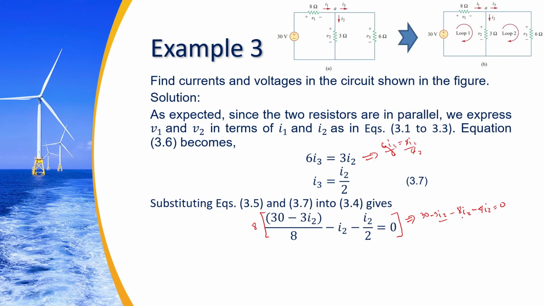So, pagsamahin natin lahat ng magkakaparehas, so, negative 3 minus 8 is negative 11, minus 4 is negative 15, I2 is equal to, itong positive 30, pag transfer mo sa kabilang side, magiging negative 30. So, para makuha natin yung value ng I2, divide natin both side by negative 15. So, therefore, ang I2 natin is positive 2 amp.